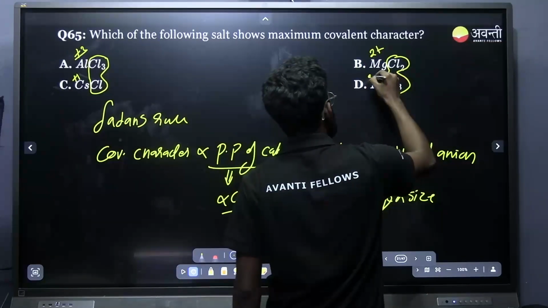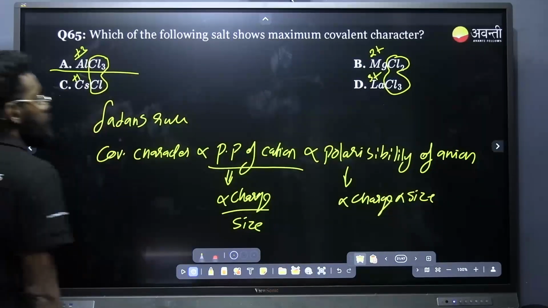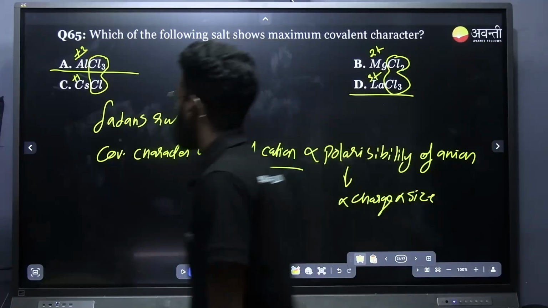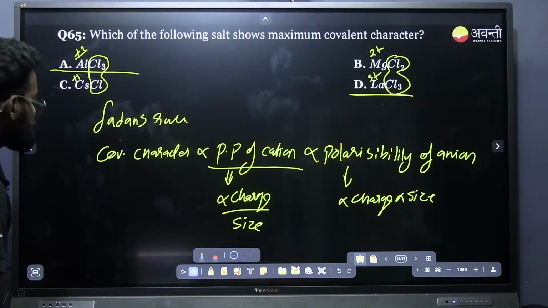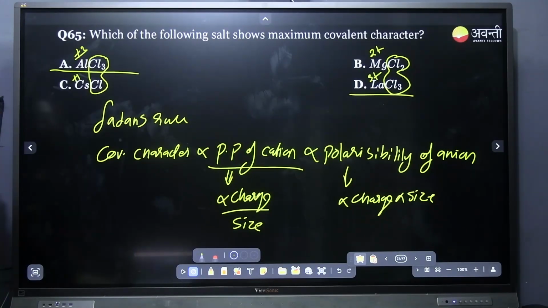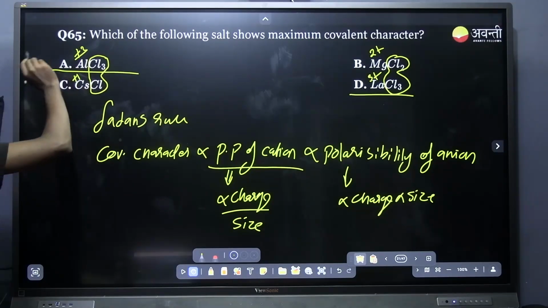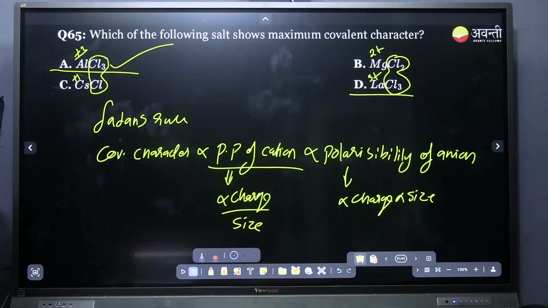2 plus, 3 plus. Among these you can see Al3 plus and lanthanum, La3 plus, both are having highest charge. Now among these, which is having less size will be more covalent. We all know that aluminum, which is at the top of the periodic table, is having less size, so it is having maximum covalent character.